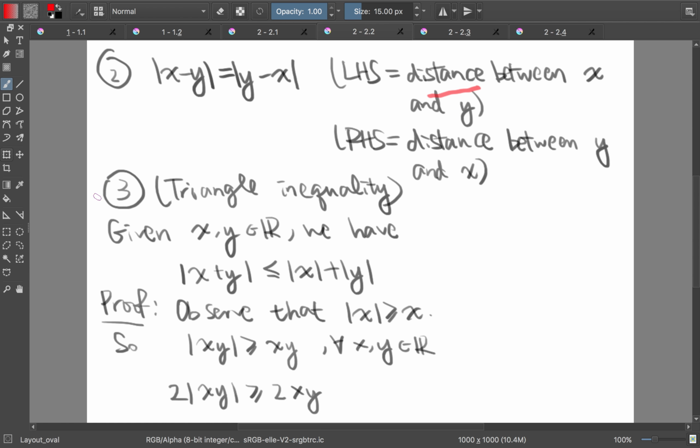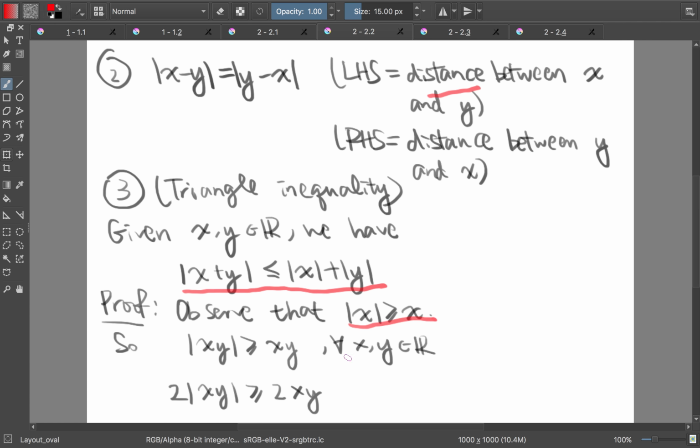So the next property is the triangle inequality. What the triangle inequality is saying is that given two real numbers x and y, the absolute value of x plus y is smaller than or equal to the absolute value of x plus the absolute value of y. And we are going to prove it. The proof is that we should observe that the absolute value of x is greater than or equal to x.